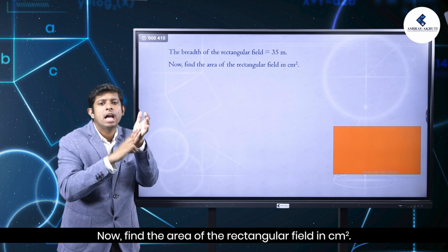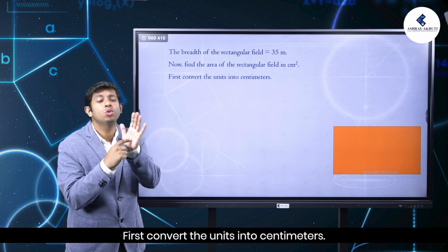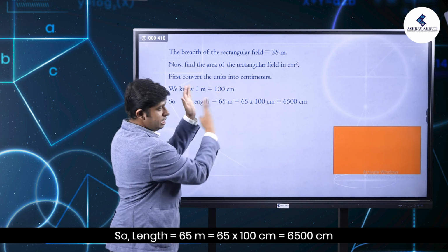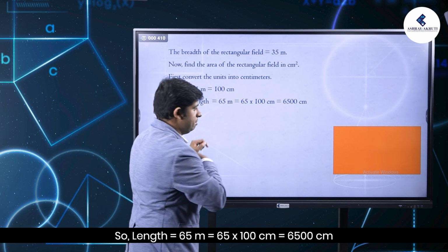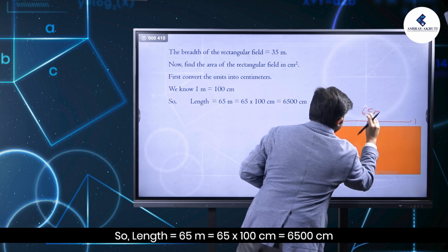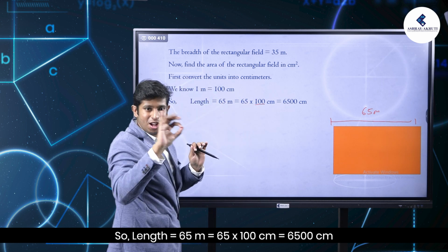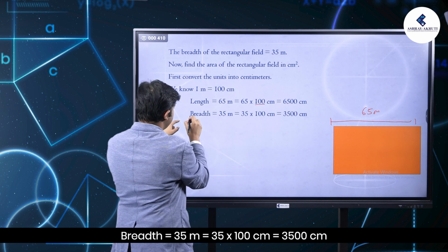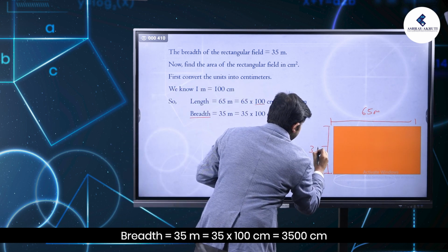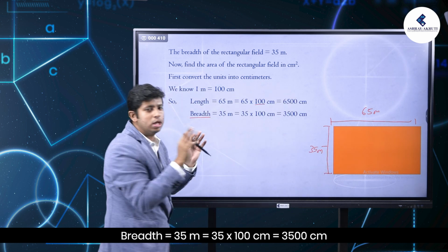Now, find the area of the rectangular field in centimeter square. First, convert the units into centimeters. We know 1 meter equals to 100 centimeter. So, length equals to 65 meter, which is equal to 65 into 100 centimeter, which is equal to 6500 centimeter. Breadth equals to 35 meter, which is equal to 35 into 100 centimeter, equals to 3500 centimeter.